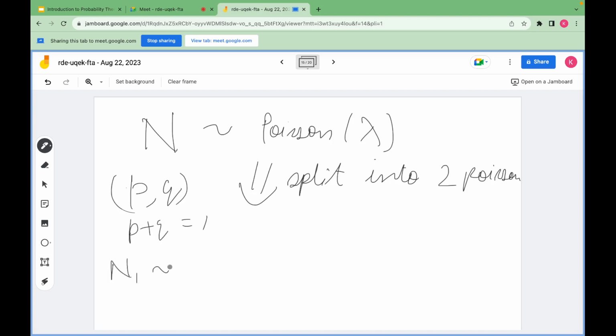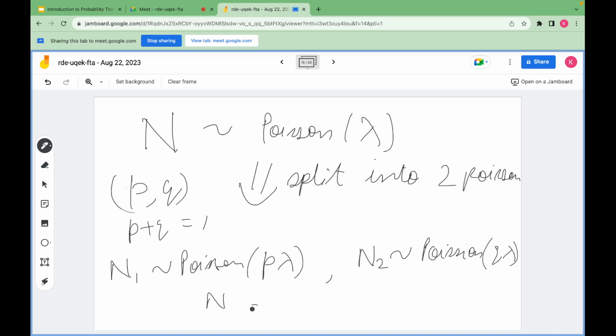Then n1 can be a Poisson distribution with p lambda and n2 a Poisson distribution with q lambda, so n is equal to n1 plus n2.